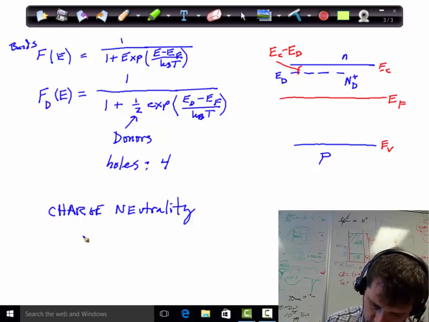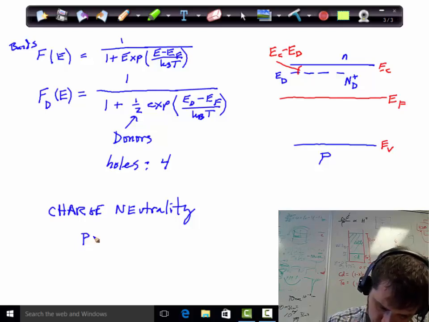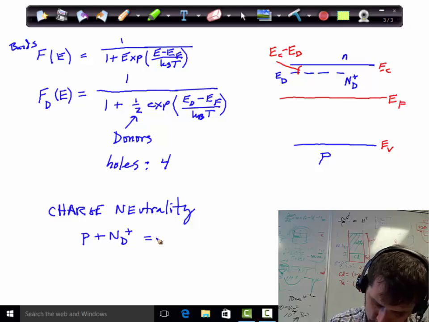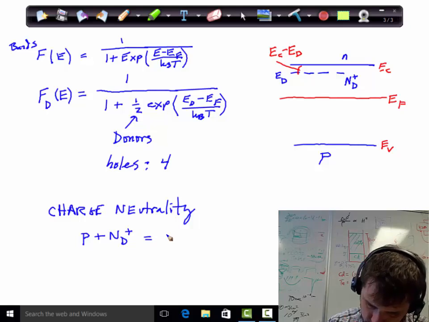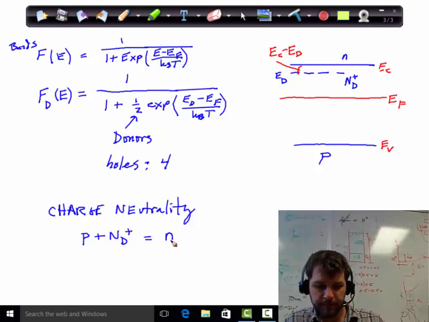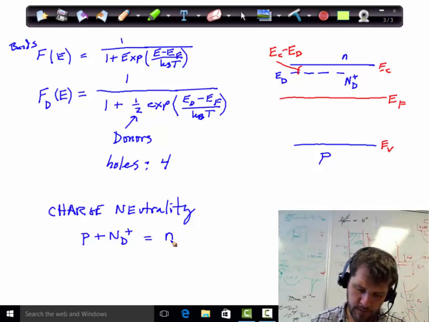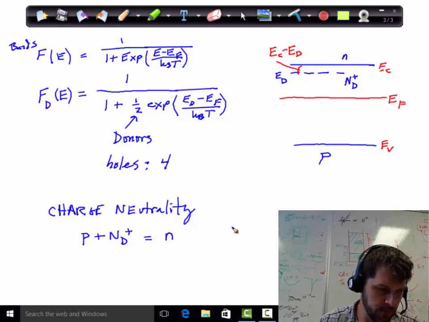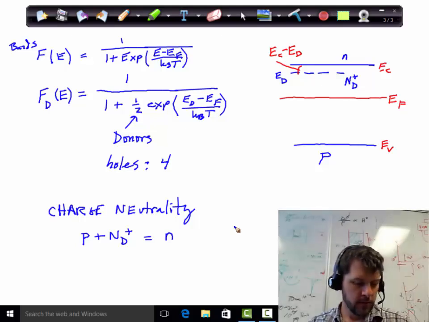So our charge neutrality expression would simply sum up all the positive charge things. So we have the quantity p plus Nd plus, and that's got to equal the negative entities, which are simply the free electrons. Then we substitute in all of our expressions.